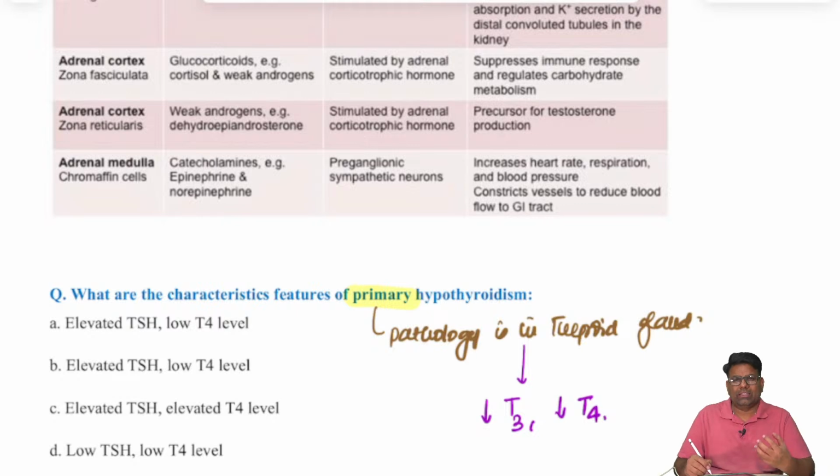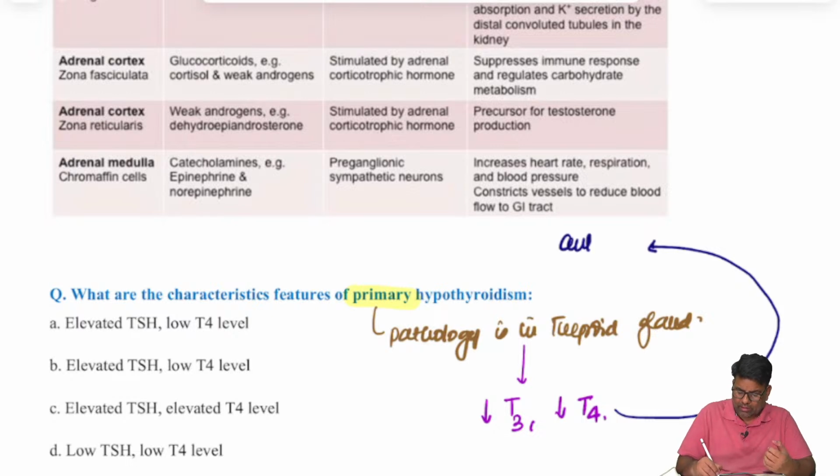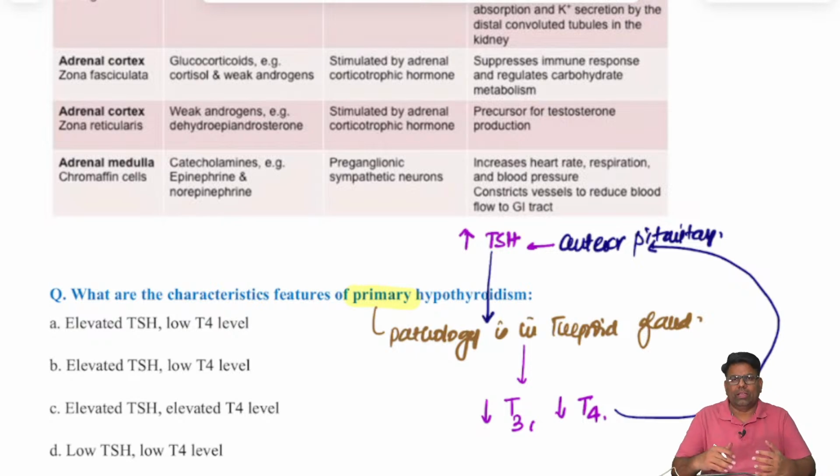Now there is low T3, low T4. There is a feedback mechanism, the anterior pituitary, and this will tell the pituitary to release more TSH so that this TSH can stimulate the thyroid to increase the release of T3 and T4, right?